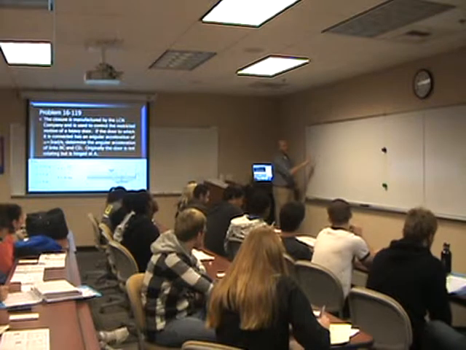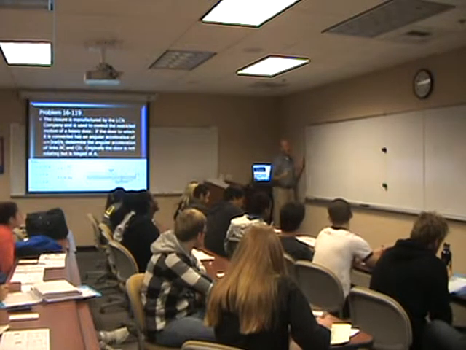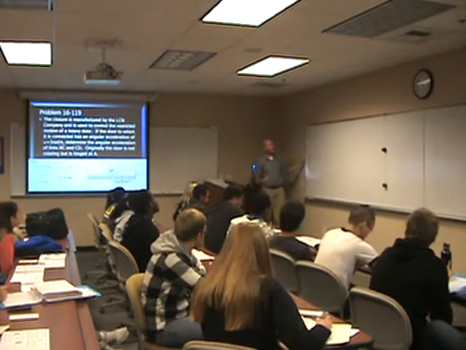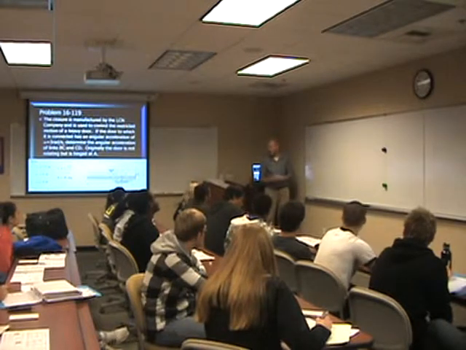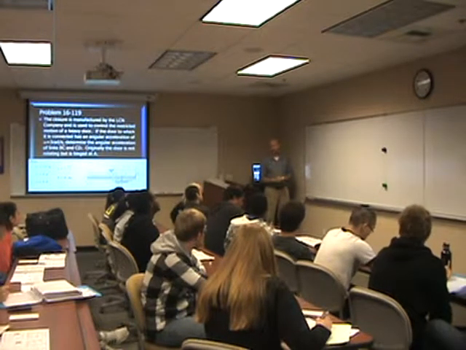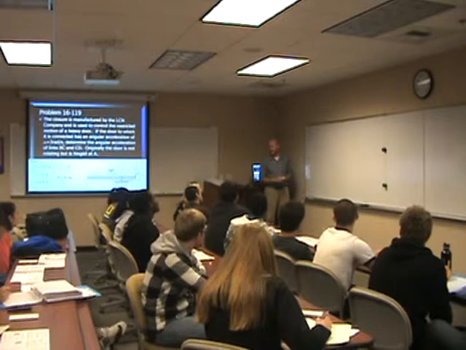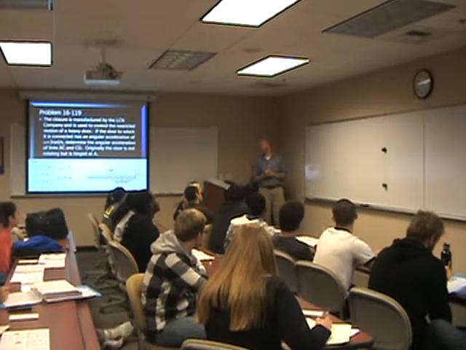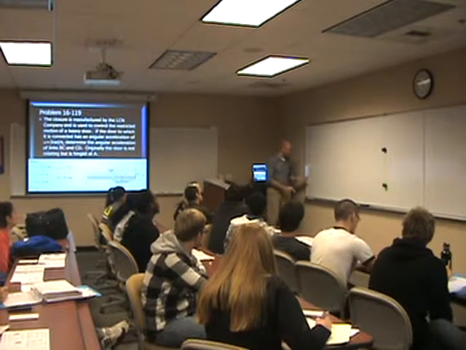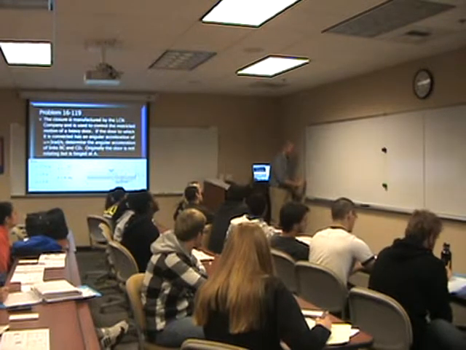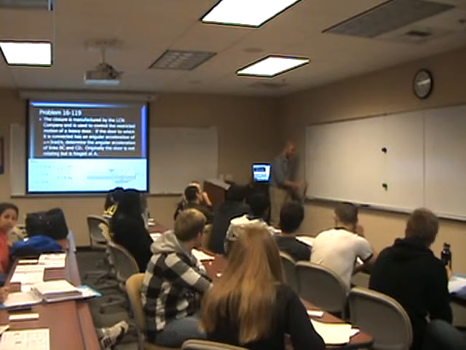Equals alpha BA. Well, now we have these funny angles. But what do we really care about? The length. And what's the next thing we do? In the x direction, right?